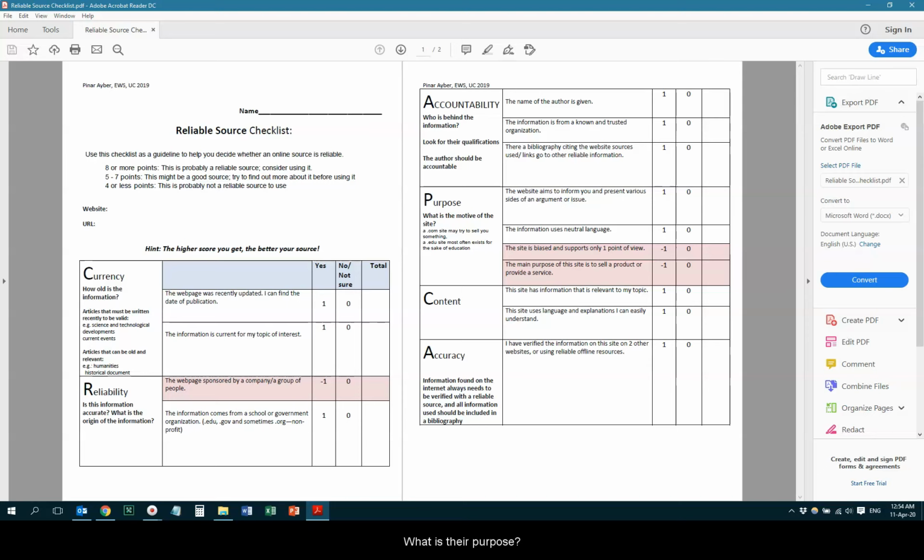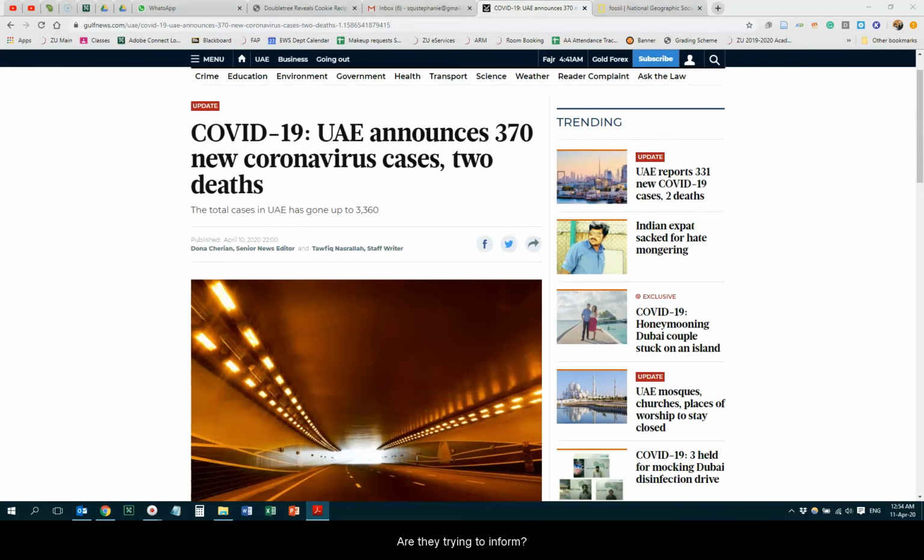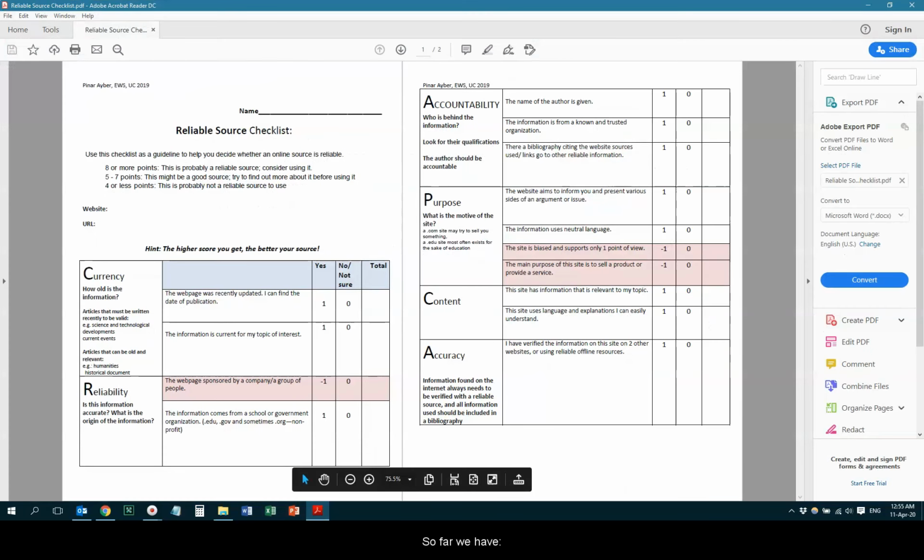What is their purpose? Why are they writing this article? Are they trying to inform? To sell something? To persuade? If we look at the title, we can see that they're trying to inform the public. So far we have 1, 2, 3, 4, 5, 6, 7. It uses neutral language because it's supposed to be approachable for all public.